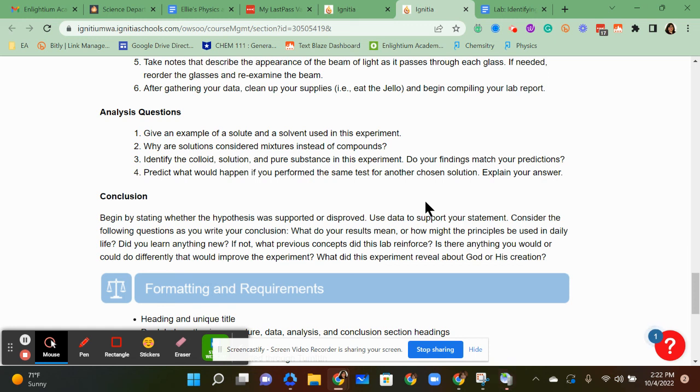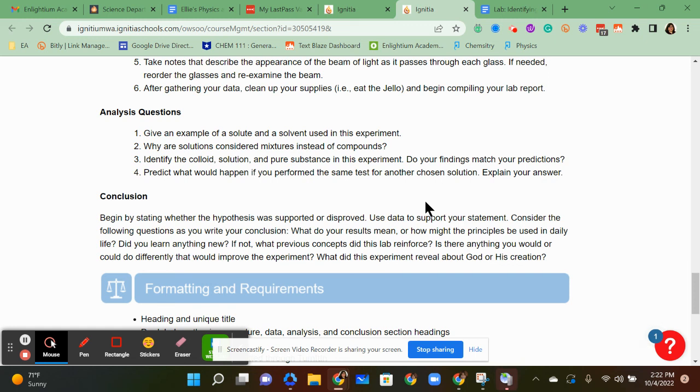So you need to make sure that you look at your data table. You need to make a reference to your results in order for you to defend or refute your hypothesis. You need to keep that in mind. So it has to be an extensive analysis. If you have less than 5 sentences, you're not doing a very good job with that conclusion.